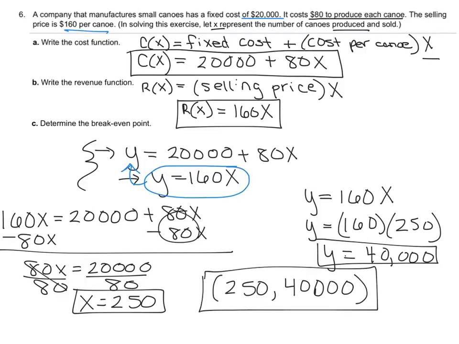That tells me that the money coming in equals the money going out when I sell and produce 250 canoes. And then the cost and the revenue of selling and producing 250 canoes is $40,000.